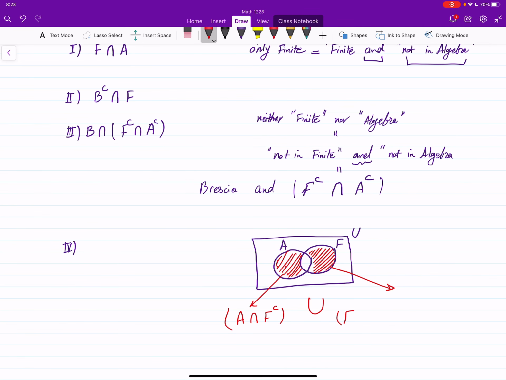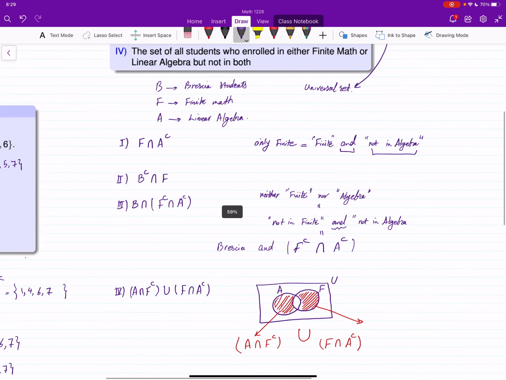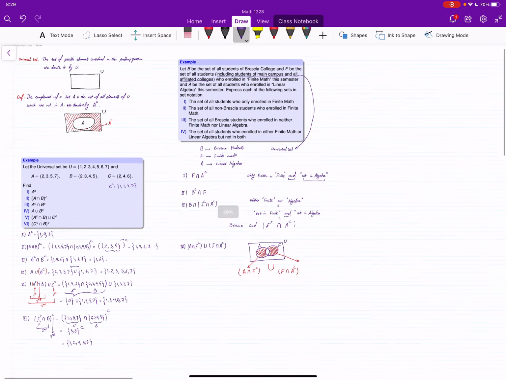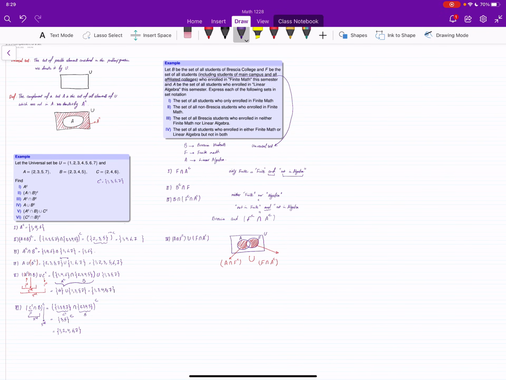These are the students who are taking finite and not taking algebra. And well, take the union of those and you have it. A, algebra but not finite, or finite and not algebra. So this way you have expressed everything in terms of set notations.